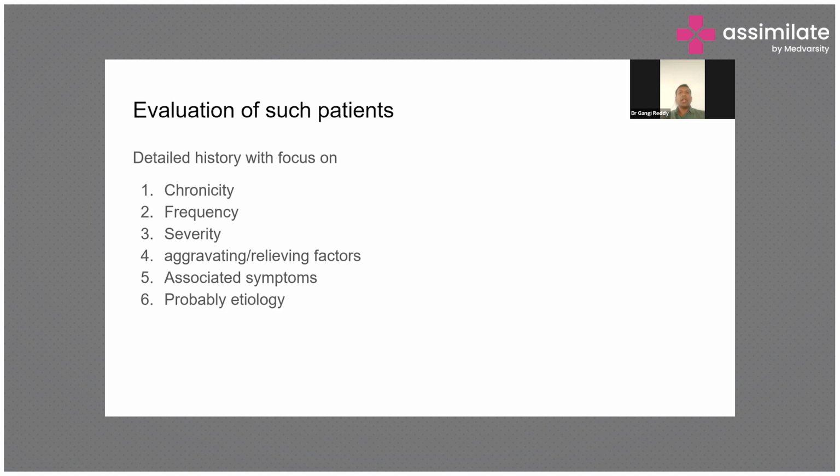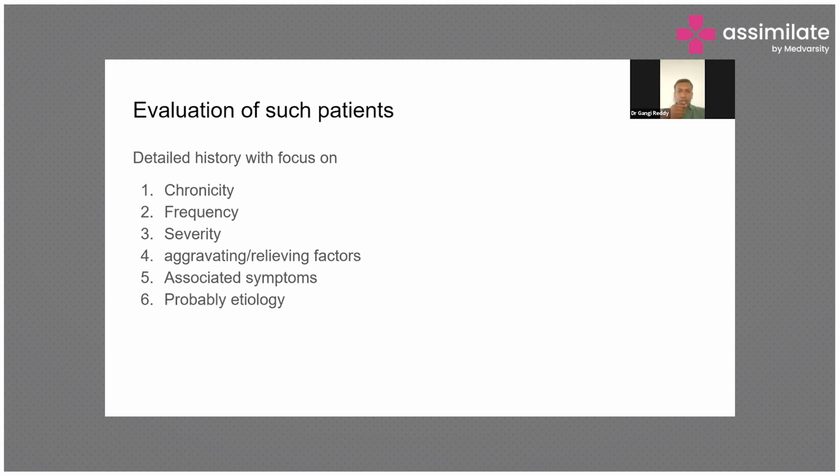So mostly in patients of airway disease, the aggravating factors would be climate, exposure to dust, exposure to allergens and all that. Relieving factors are when they are away from these conditions, or when their health is very optimal, in the sense they are able to exercise daily. A good amount of exercise, especially in young ages, can relieve all these symptoms and associated symptoms.